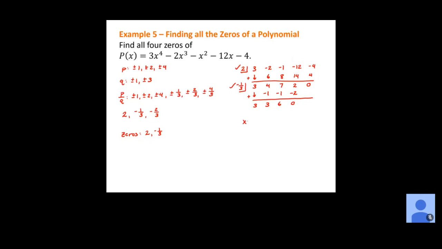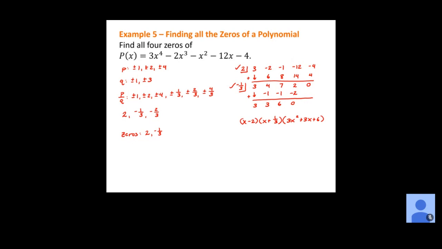All right, so we know x minus 2. And we know x plus 1/3. And then this line down here gives us what? I know we're out of time, so I just want to get these factors, and then we'll probably have to finish this up next week. Okay, we're going to have 3x squared plus 3x plus 6 as a factor.